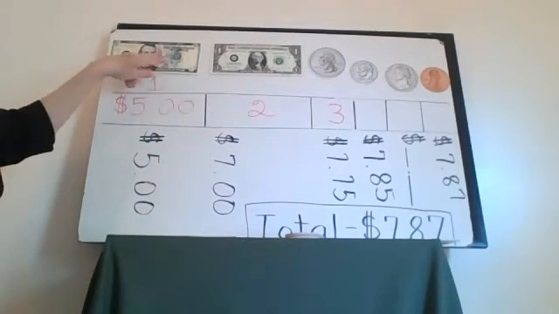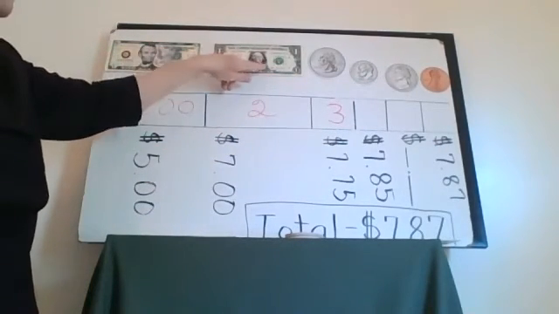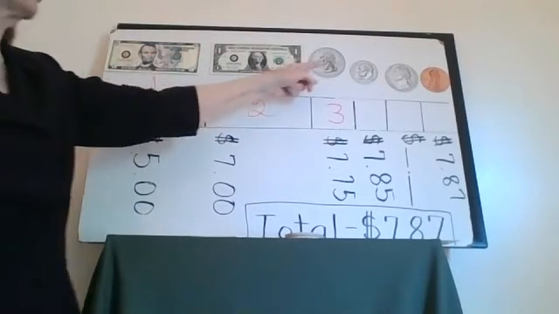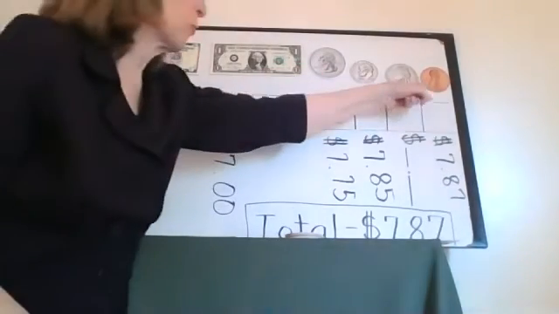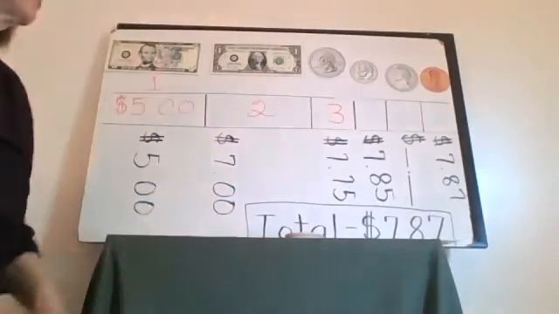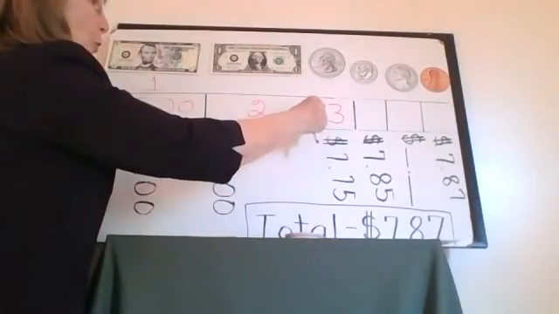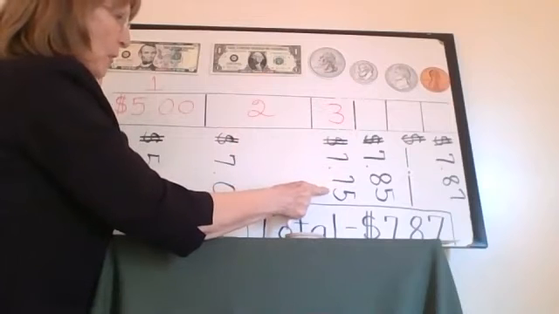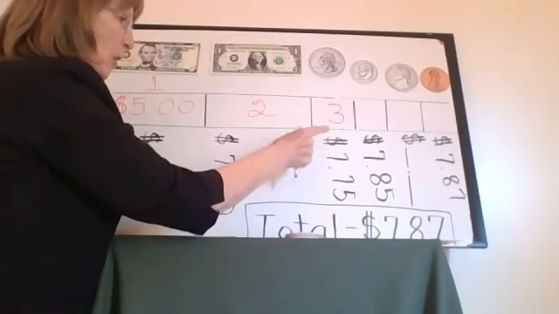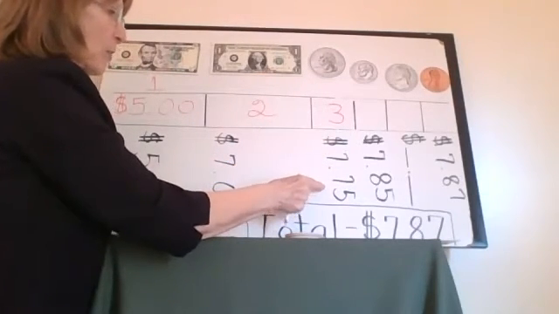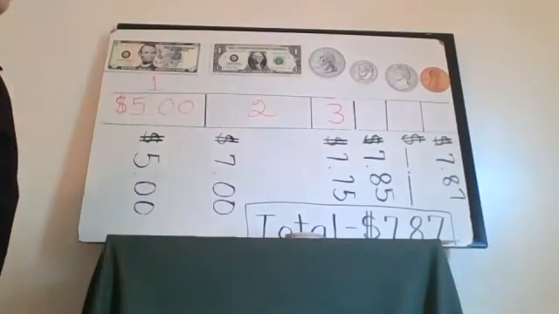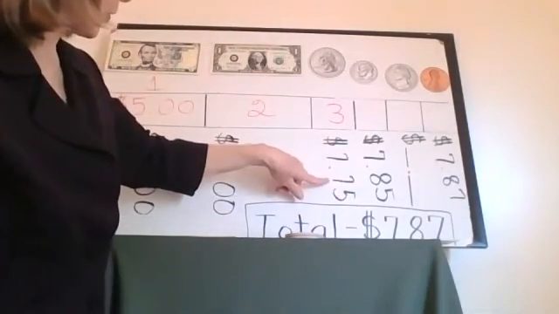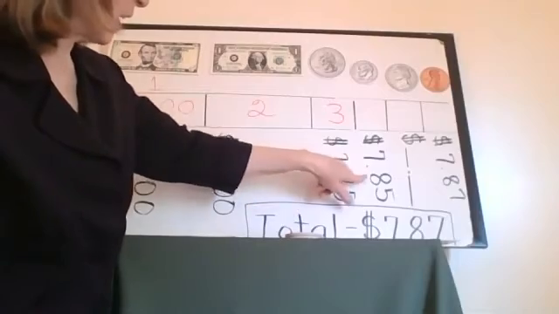It's easier on the dollar bills, well, the $5 bill and the dollar bill, because they have the number right there for you, but not on the coins. We have to count pennies. Okay, so we need 3 quarters, because 3 quarters equals 75 cents. $7.75.